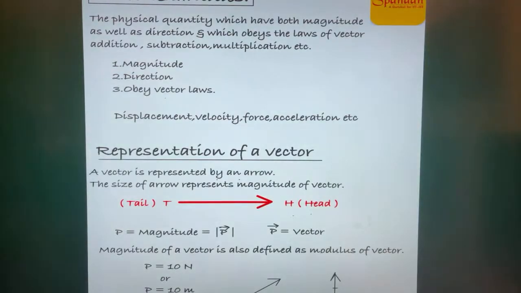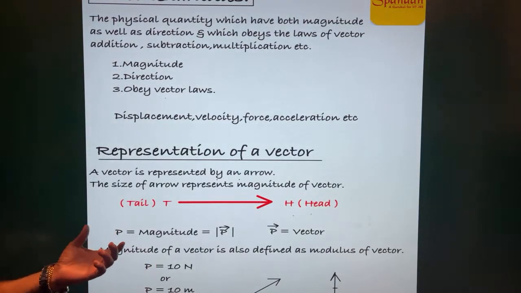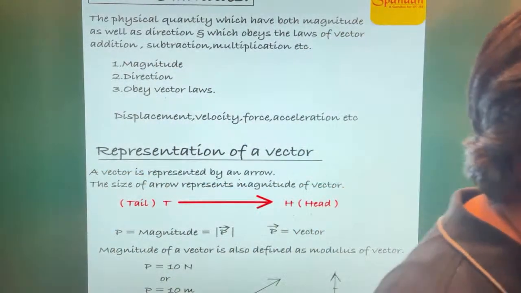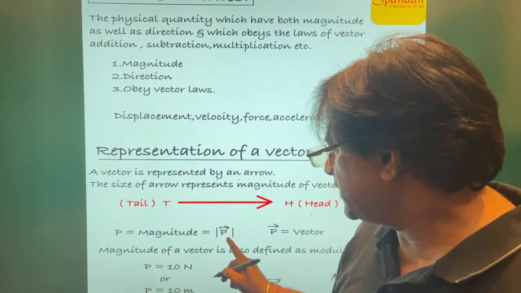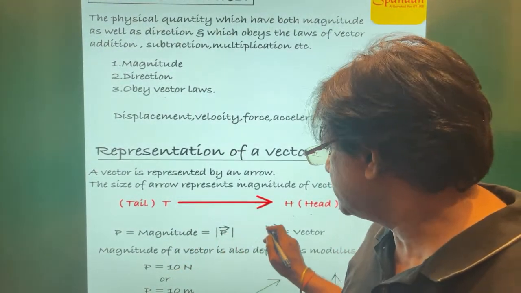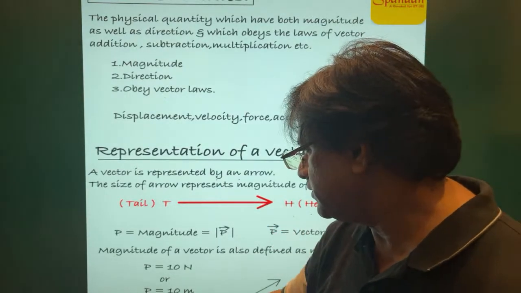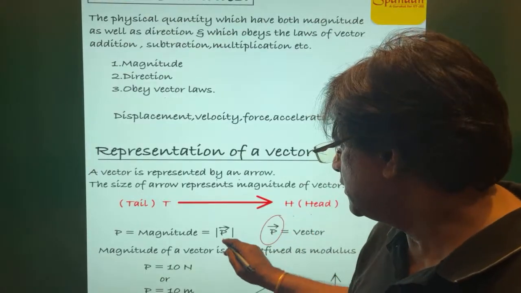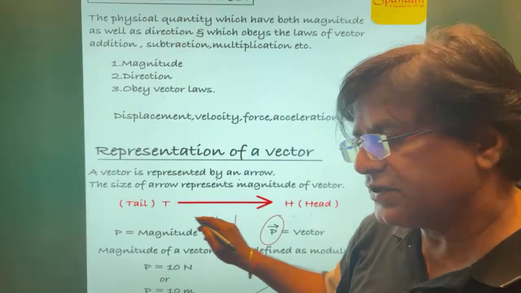Now this vector has magnitude as well as direction. So this magnitude part is P. Since it is a physical quantity, this P will represent a magnitude, and we can write this as a vector symbol. If P vector is a vector symbol, then if we apply two modulus signs, it is called its magnitude.